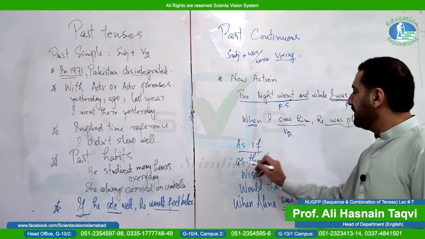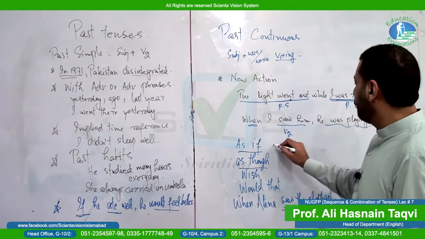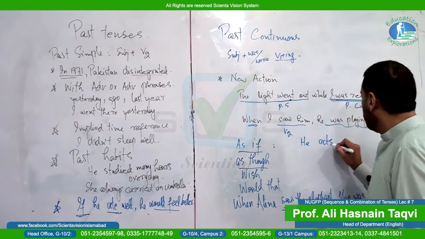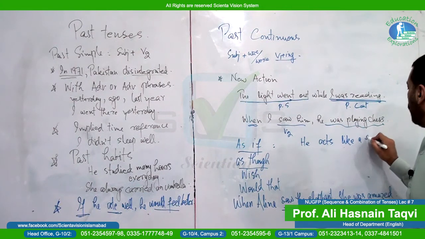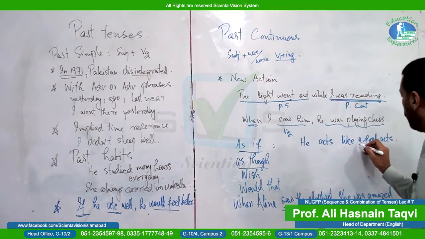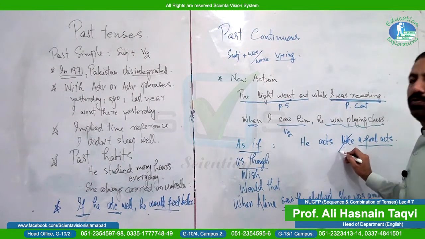But when you have as if or as though expressions, there are two types of errors that we tend to commit. One, we may say he acts like a fool acts. Remember, you have a clause here. When you have a clause, you don't use like.